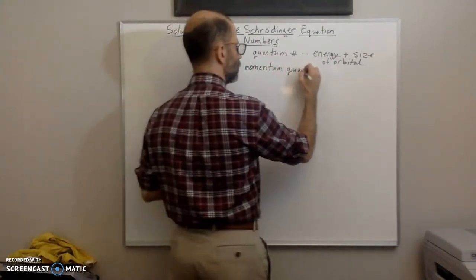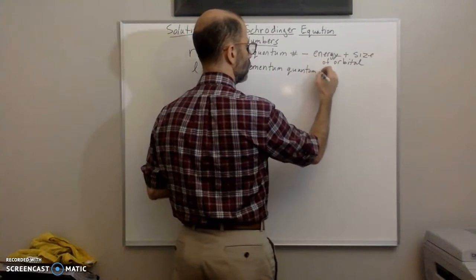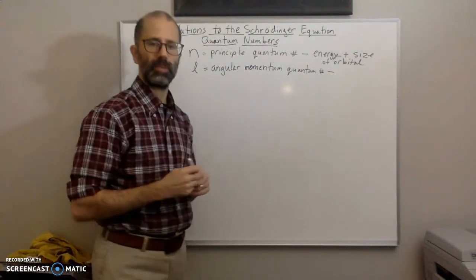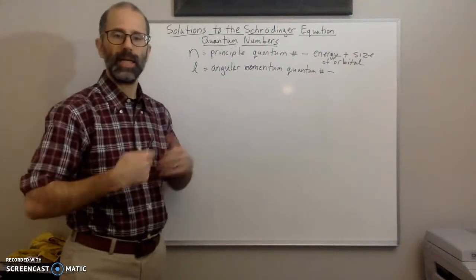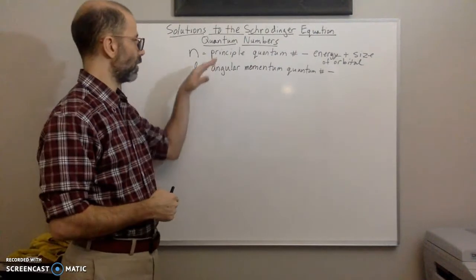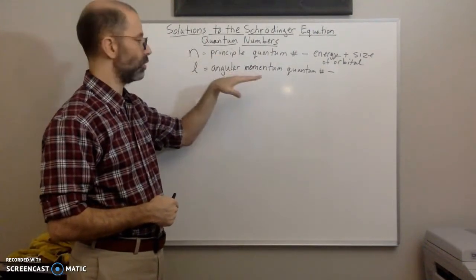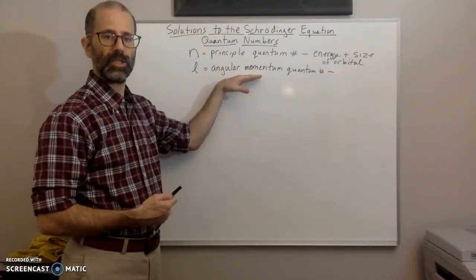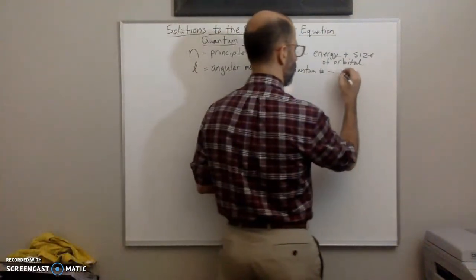The angular momentum quantum number indicates the shape of the orbital. So we have the overall size and energy of the orbital, and then we have this quantum number indicating the shape.